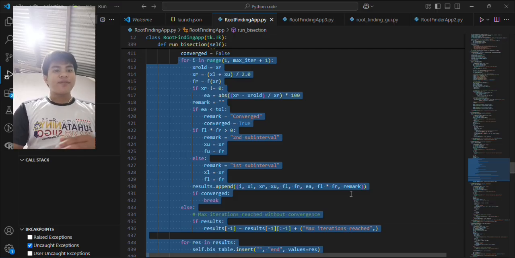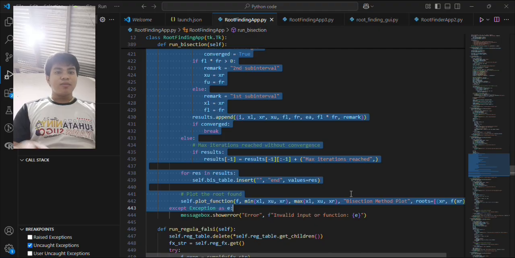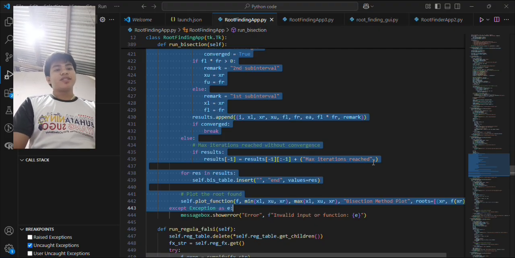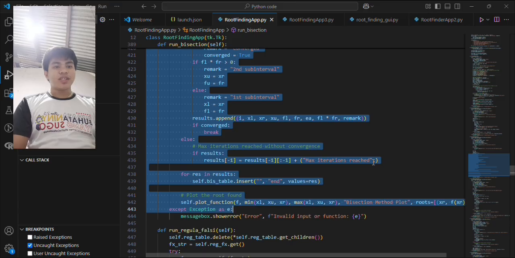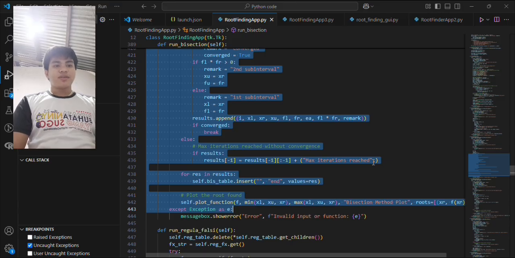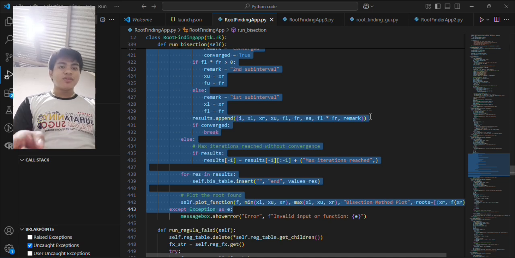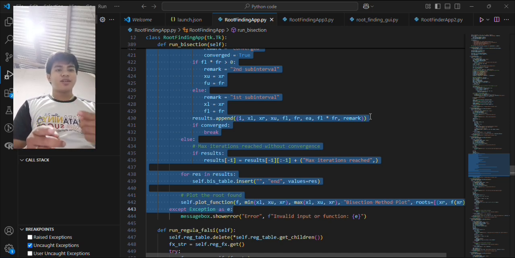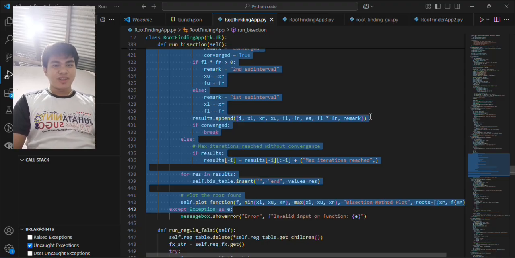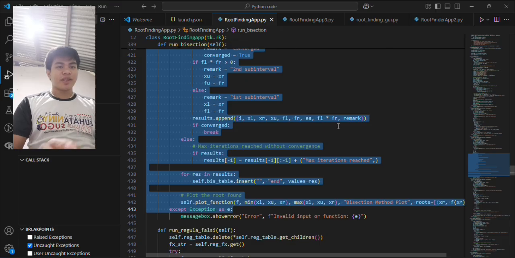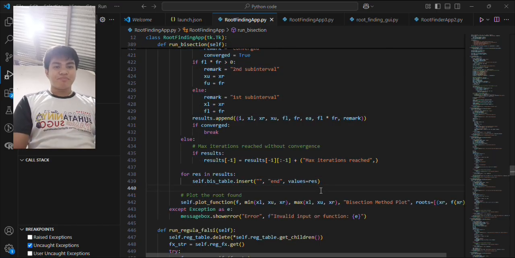If f of xl multiplied by f of xr is less than 0, the root is between xl and xr. Else, the root is between xr and xu. Step 4. Store and display the results.